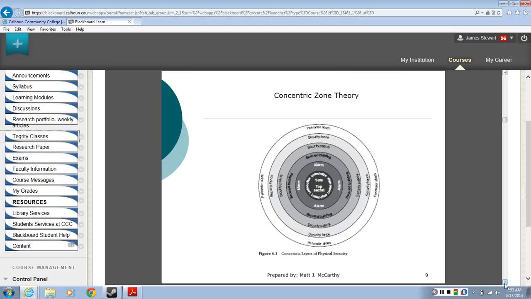If you look at this whole idea of concentric zone theory, you can see that typically the very interior portion of a facility is going to be your most secure, and then the exterior perimeter is going to be the least secure. So anything that's double top secret is going to have to be done out of the public eye, with multiple physical controls and multiple procedures to follow in order to keep those particular secrets from being leaked out.